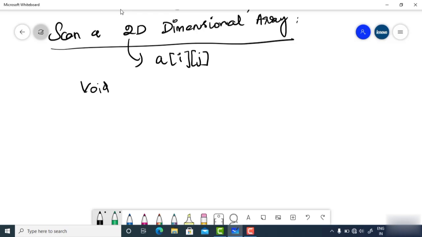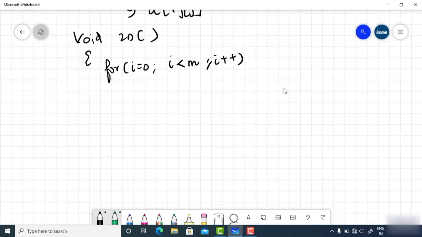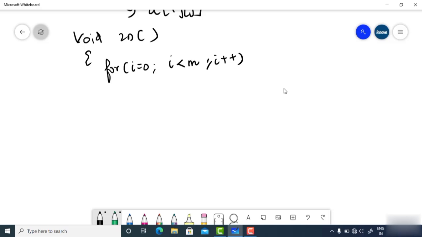So void 2D, for i equals 0, i less than m, where m is the number of rows. Rows in the two-dimensional array, that is nothing but the matrix, right? So m denotes the number of rows. So i plus plus.